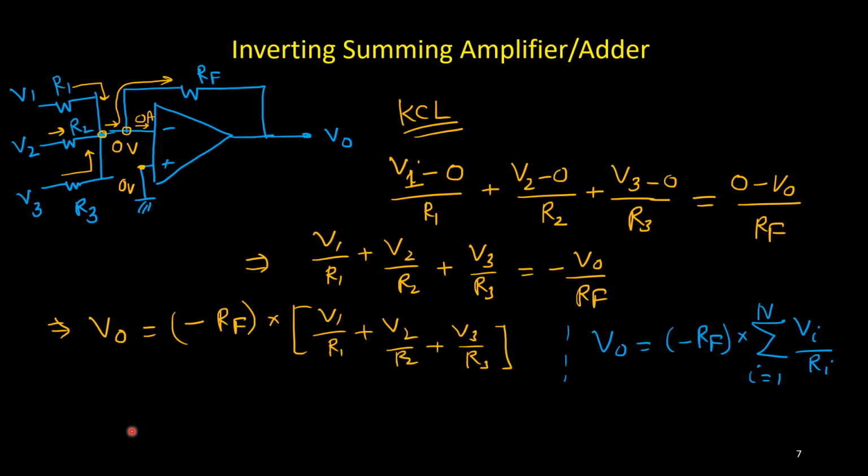So if I assume that all resistances, this R1 equals R2 equals R3 equals, suppose, R, then what is the output voltage? It's simply minus RF by R, this is the factor, multiplied with simple addition.